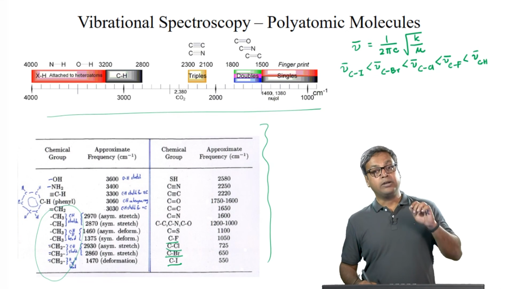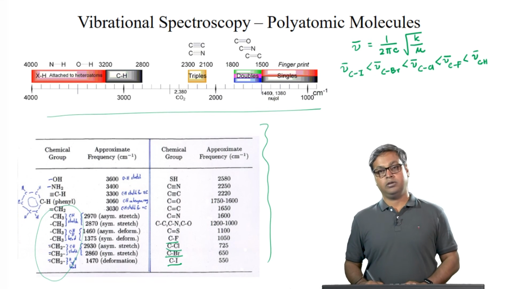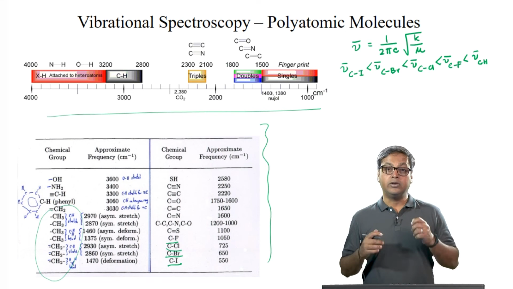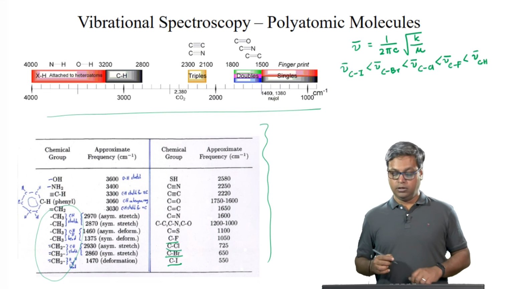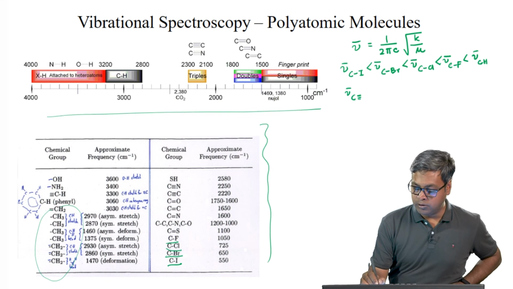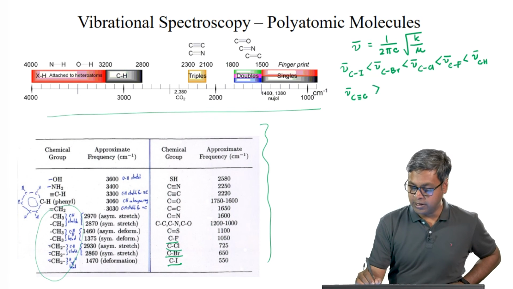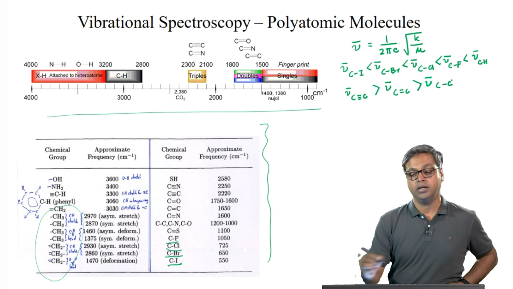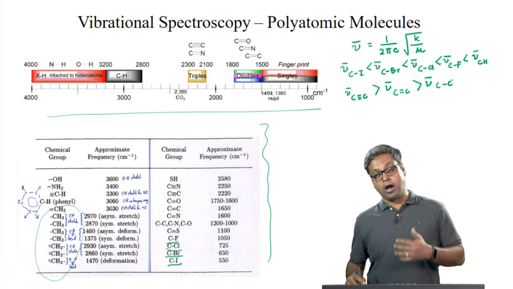Also, an increase in the strength of the bond, and hence the value of the force constant K, increases the frequency. So, we can write, let us say, nu bar C triple bond C is greater than nu bar C double bond C, which is greater than nu bar C single bond C, and this is true for other atoms.